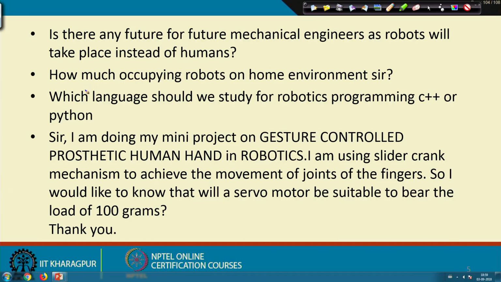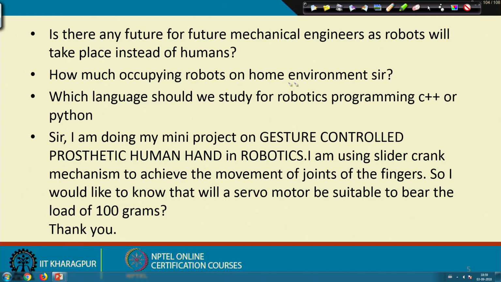Now, the next query is how much occupying robots on a home environment, sir? This question is not very clear. I think you are asking what is the applicability of robots in our homes. If you have some other things, you can further ask online.